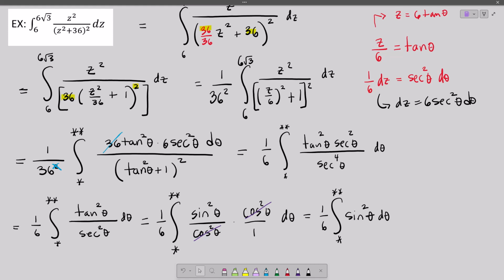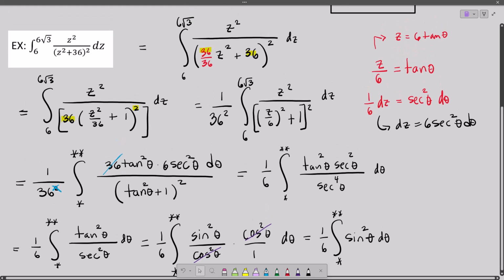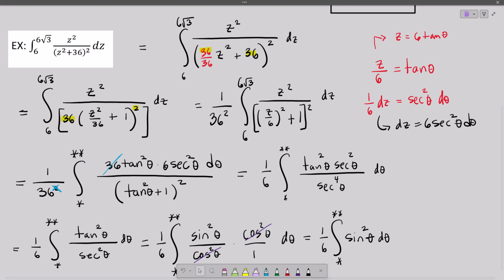Yeah. So if we solve this one for z, if we multiply both sides by 6 here, we have z equals 6 tan theta. And then we're replacing z squared. So if z is 6 tan theta, then z squared is 36 tan squared. Do you see it? So right here is where we're doing the substitution. We're taking this and turning it into that.